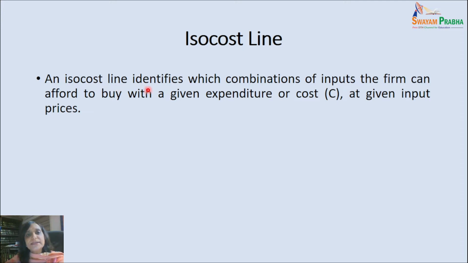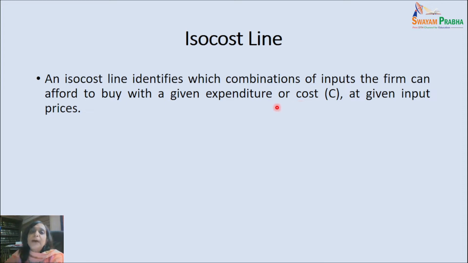So what does an iso cost line show us? It basically gives us the combinations of the inputs the firm can afford to buy with the given expenditure or cost and given input prices. So three things are given. My firm has to take three things from the market: the price of the factor inputs is given, and the cost or the budget is already given to it.